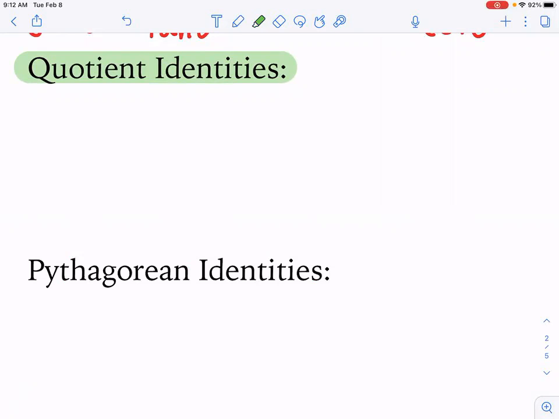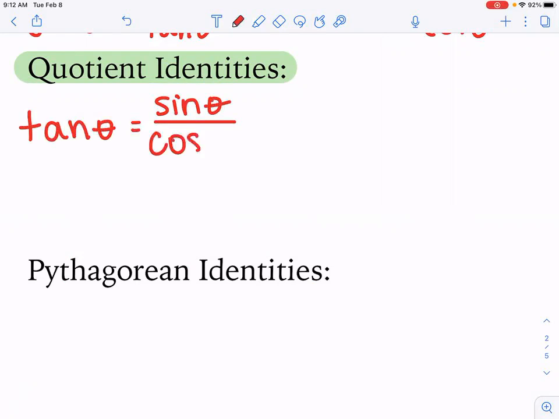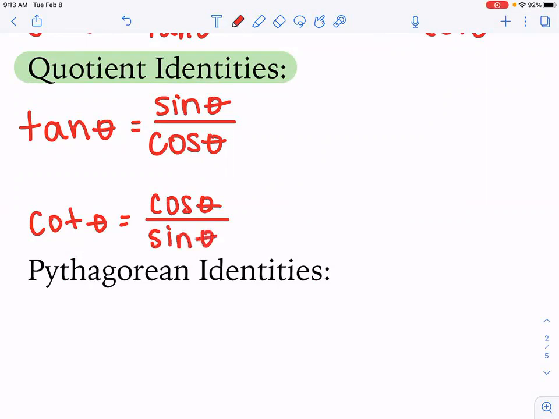Y divided by x. And what did y stand for on the unit circle? Sine. So y was sine, x was cosine. So the tangent is the same thing as sine divided by cosine. You've known that all along. We've just never written it like this. And since the cotangent is the reciprocal, we can write the cotangent as cosine over sine. Those two identities are going to be very helpful.